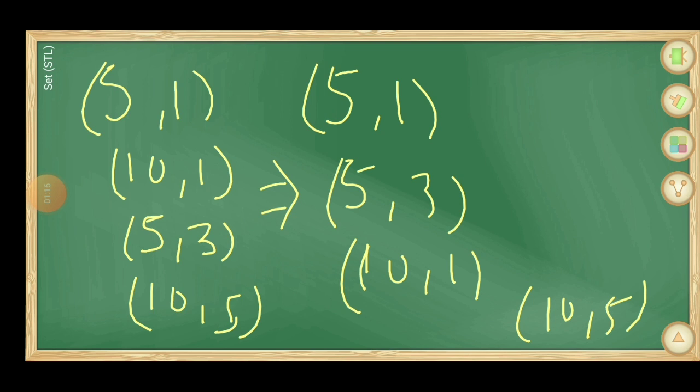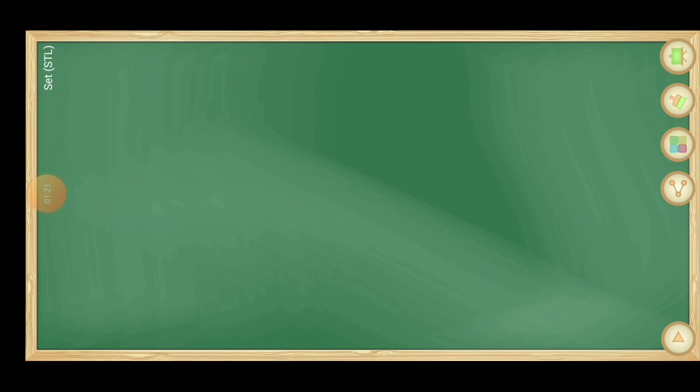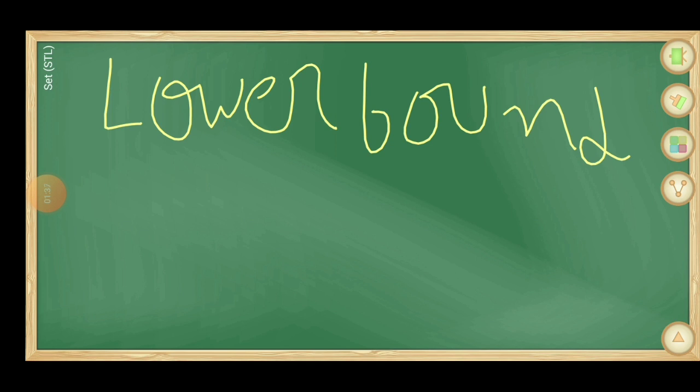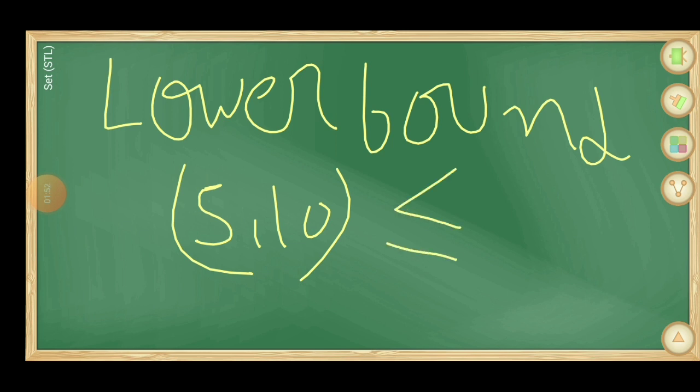We can do various operations in a set like insertion or removal of pairs. There are also operations like lower bound and upper bound. In lower bound, if we have a pair like 5 maps 10 and we have to find the lower bound of this pair, the lower bound will be less than or equal to this pair.